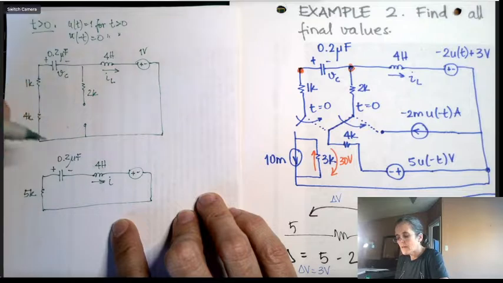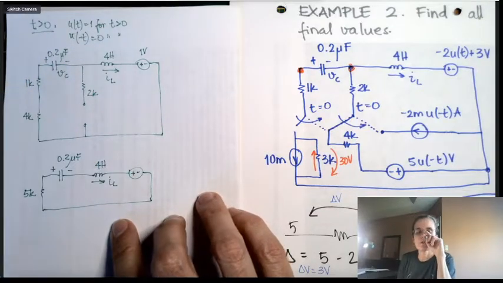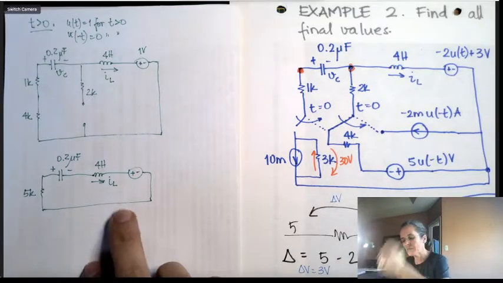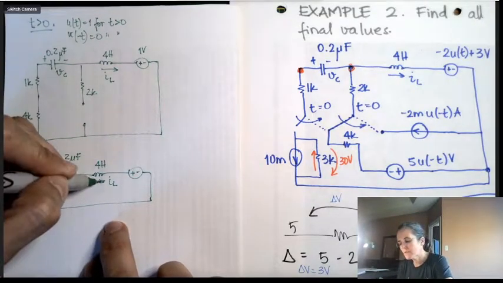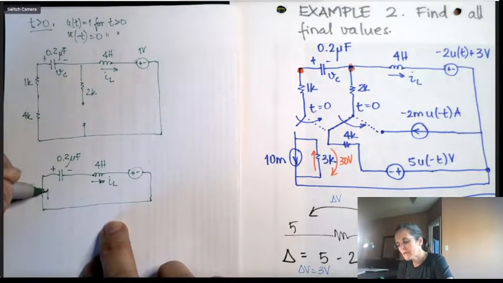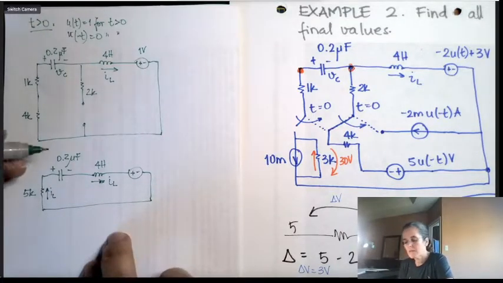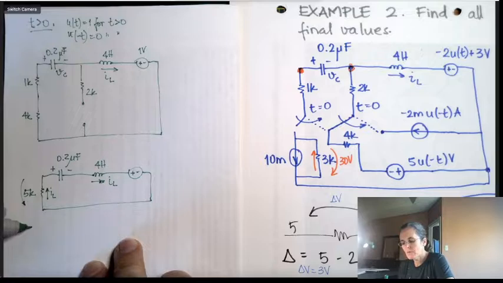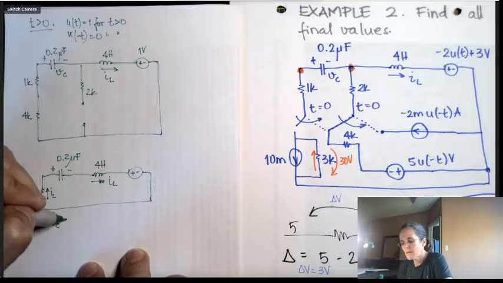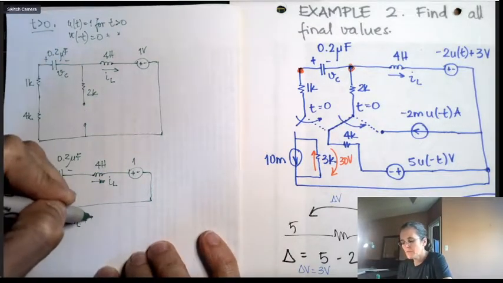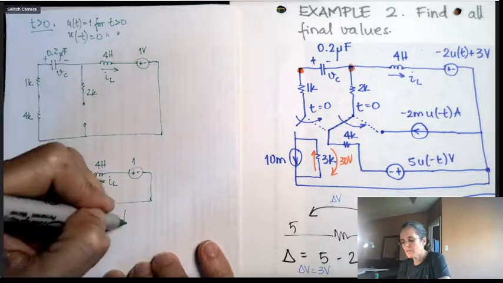And now look, for a parallel circuit, we did the KCL. For a series circuit, we're gonna do KVL. And I'm gonna assume this current through the inductor is the same direction as this one. And actually it's the same current. So I'm gonna do VR, the voltage across the resistor, plus the V across the capacitor, plus the V across the inductor, plus 1 equals 0. This is KVL.